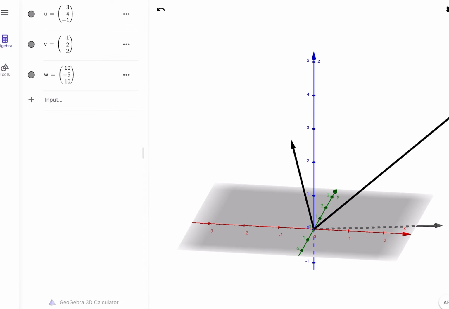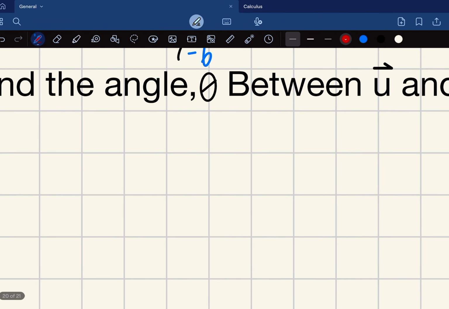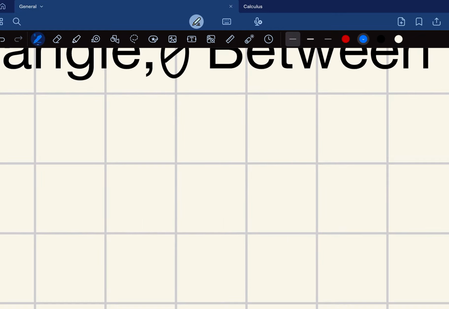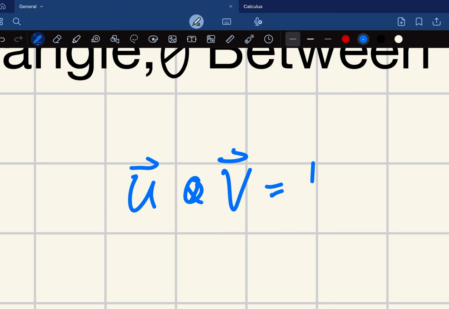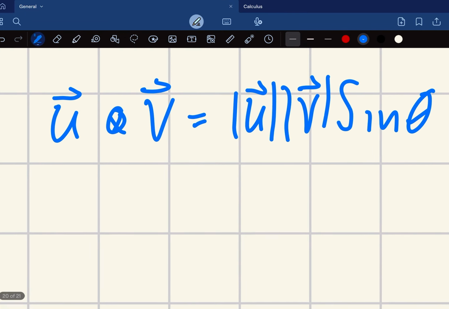Now, let's look at part B. Find the angle in between u and v. So, as we know from our formula before, u cross v is equal to the magnitude of vector u times the magnitude of vector v times the sine of the angle between them.